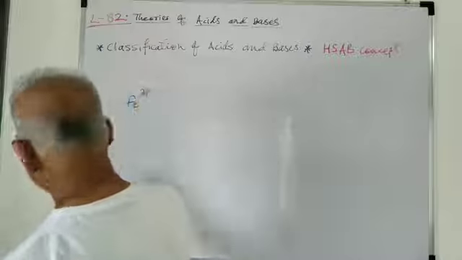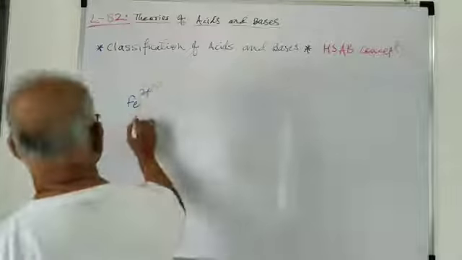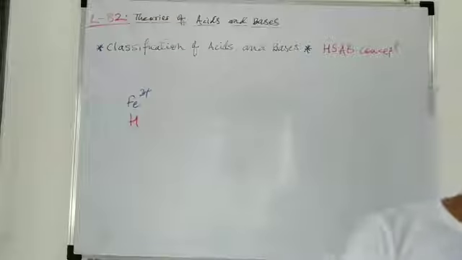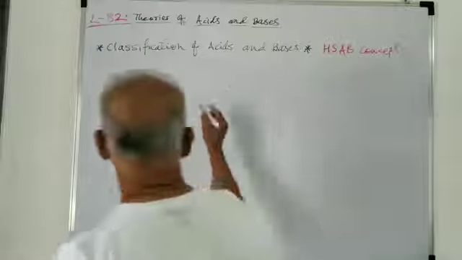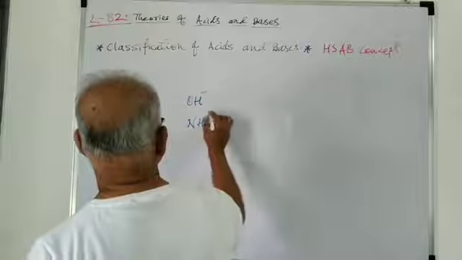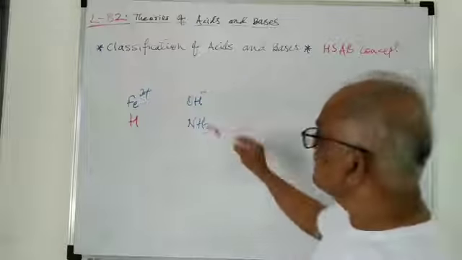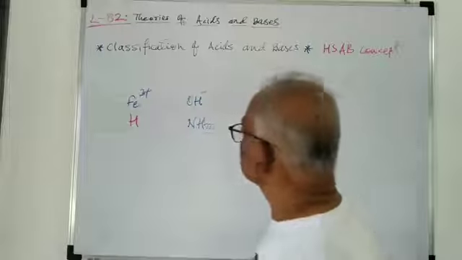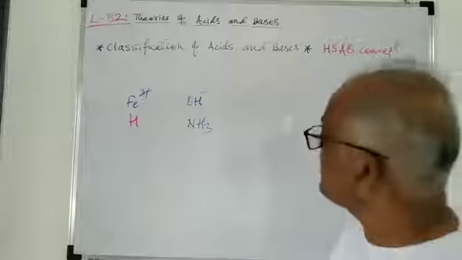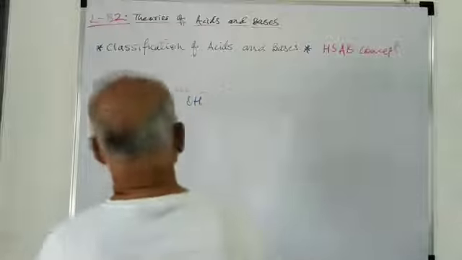Fe3 plus is a harder species, and we are considering its reaction with OH minus and NH3.